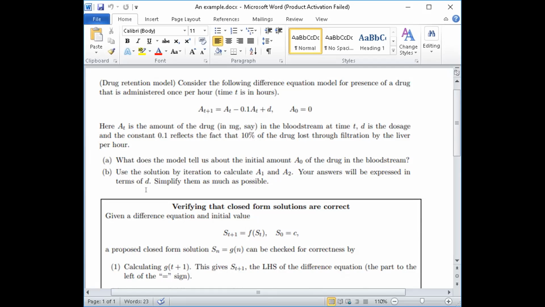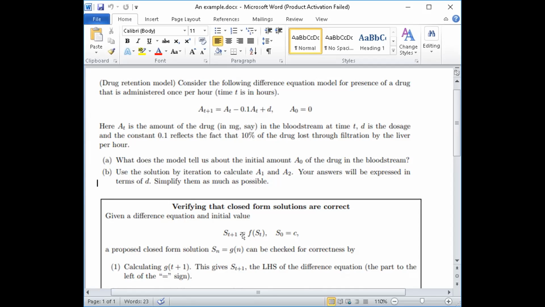Your liver filters this drug. You will lose 10% of this drug because of your liver, right? Every hour the liver filters 10% of this drug.